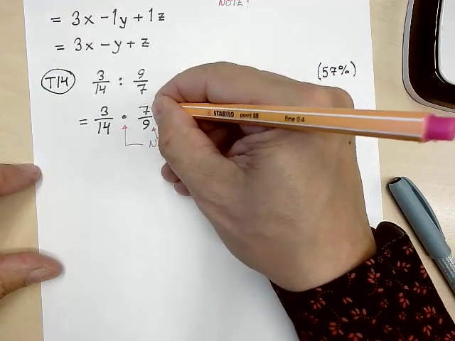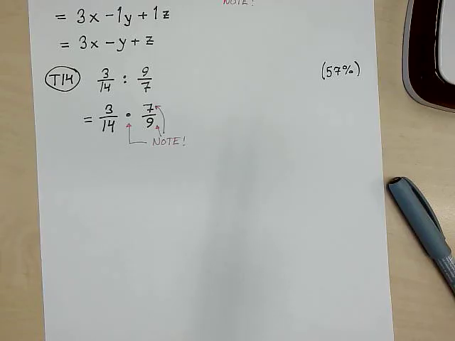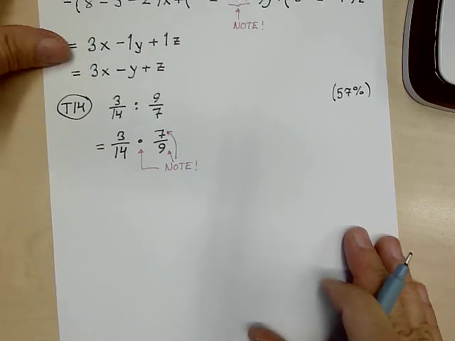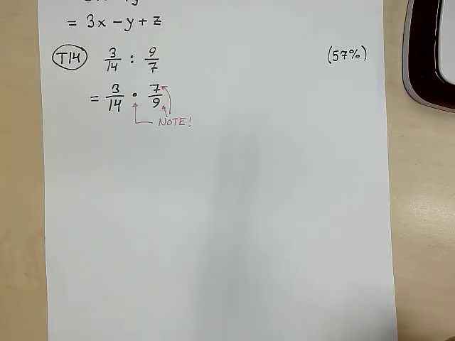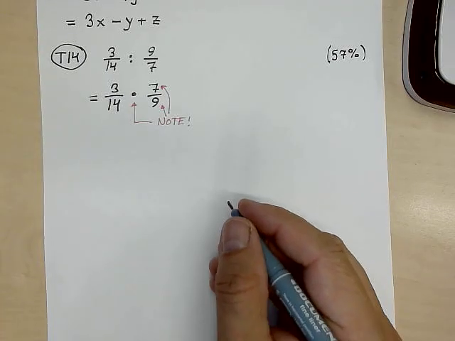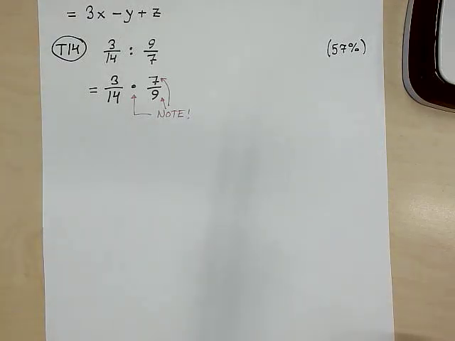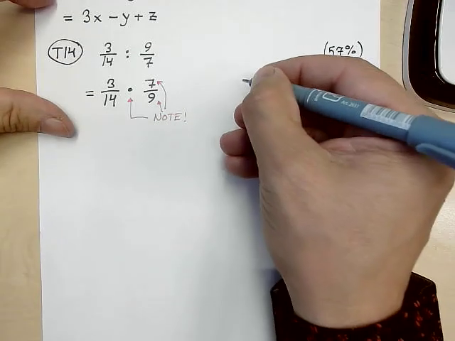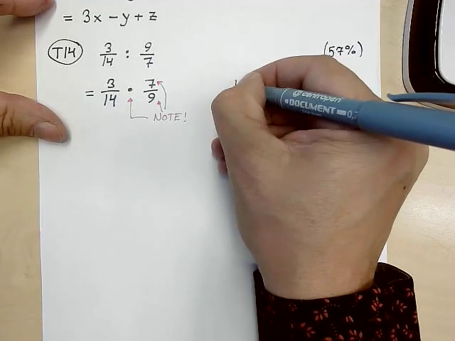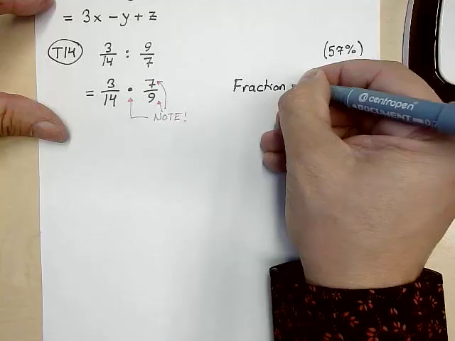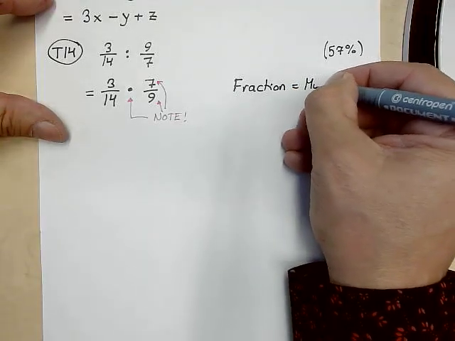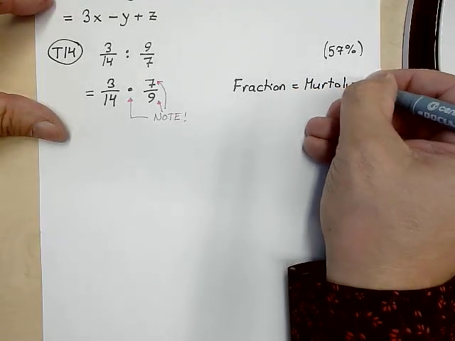Let's put it like this. And if we have this kind of multiplication between fractions, by the way, the word fraction in Finnish is murtoluku.